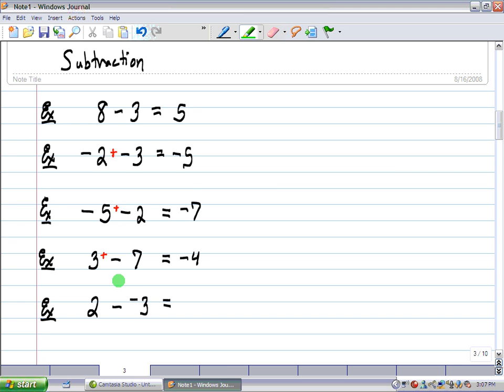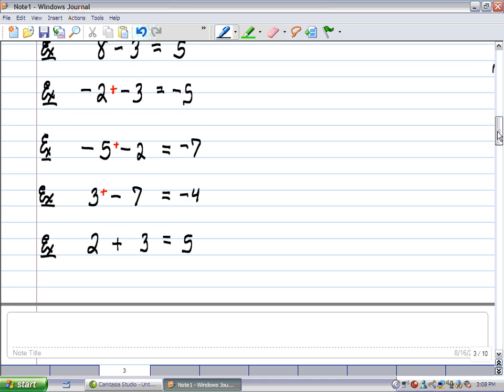He's so happy. And he's going to flip right over and turn into a plus. So when you have the negatives together, they're going to flip over and become plus.